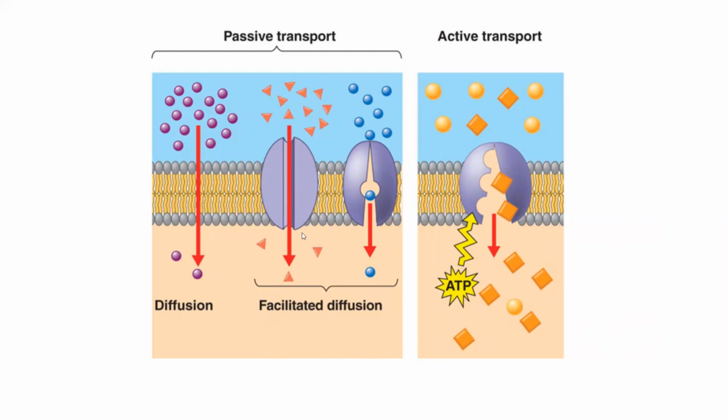And it could be a channel protein where it can just get right through, or it can be a carrier protein like this. But again, these are just transport proteins that enable you to move from a high concentration to a low concentration if you can't get through the membrane, like a small or a large polar molecule that needs to get to the other side.